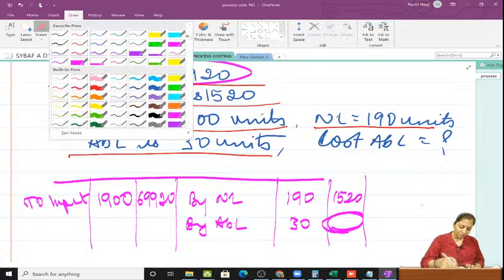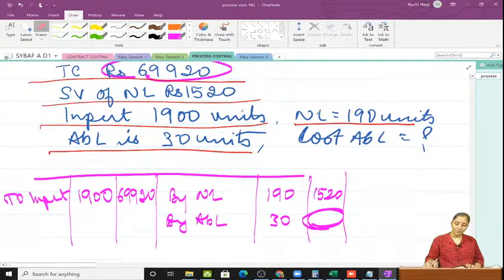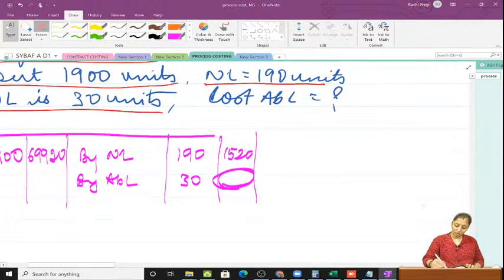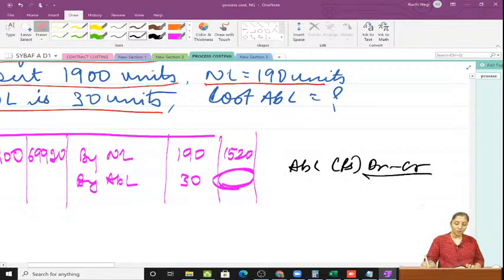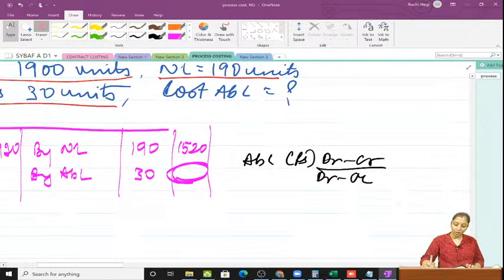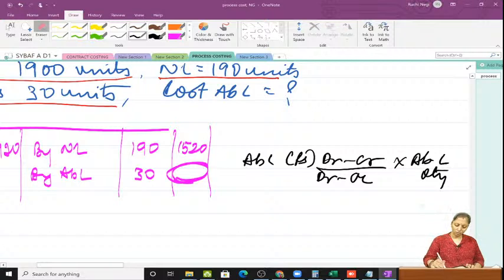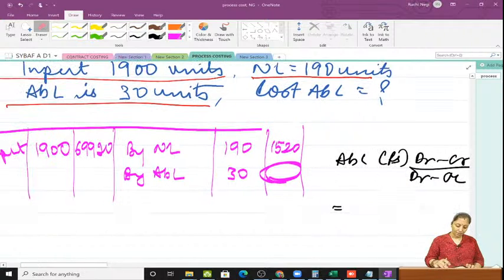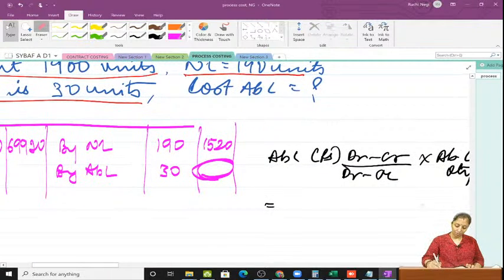So it is simple. We know the formula. I just told you the abnormal loss formula. What is the abnormal loss in rupees formula? Debit minus credit side of the amount column divided by debit minus credit side of the quantity column, multiplied with abnormal loss in quantity. So substitute. Debit side of amount column is 69,920.